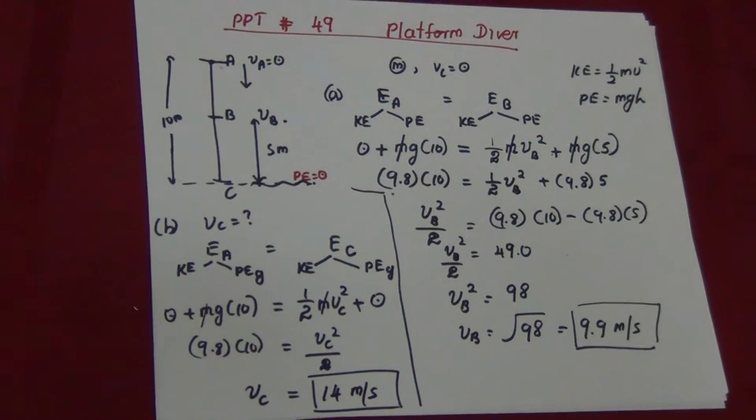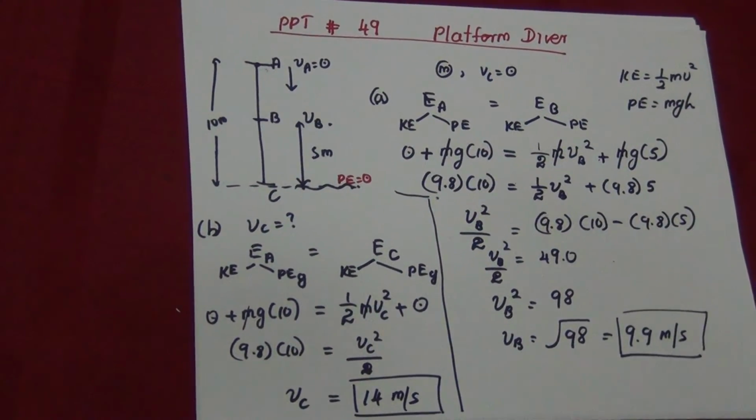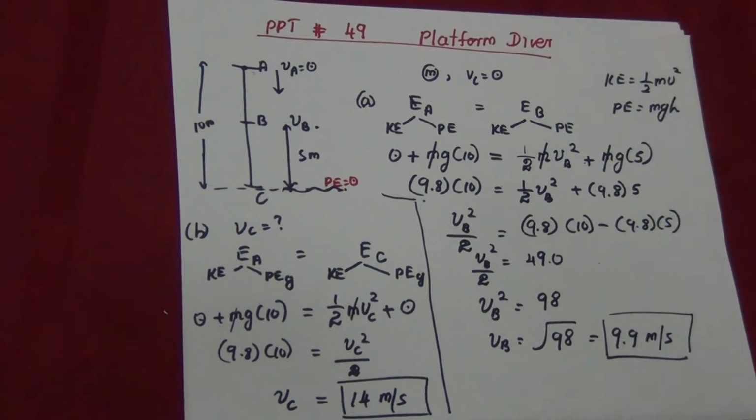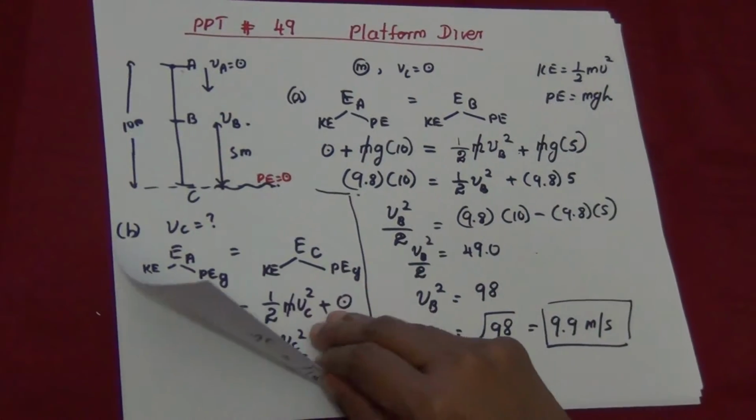So I'm going to do 2 more examples, right? So the next example is the same as the slider or the skier, but you will see the difference.